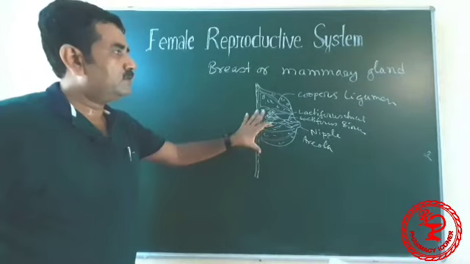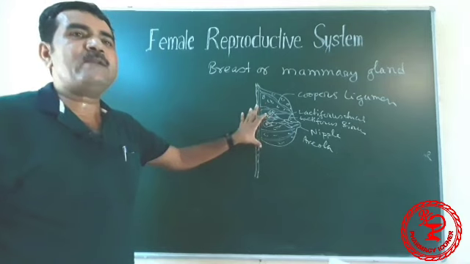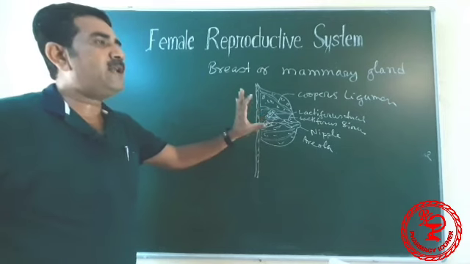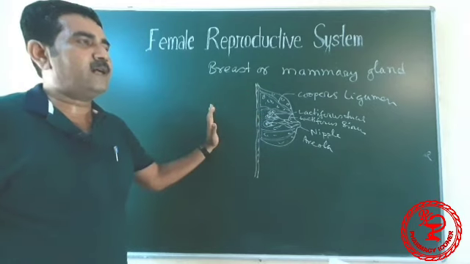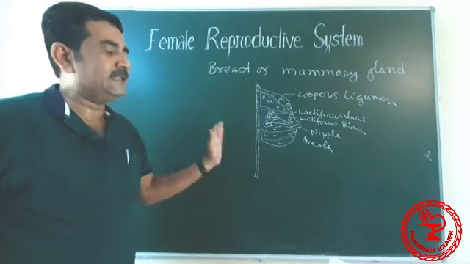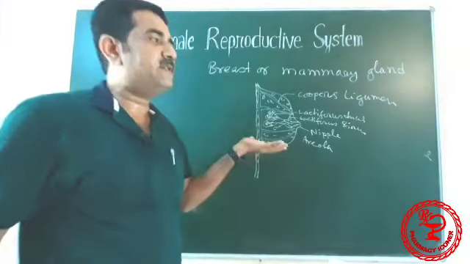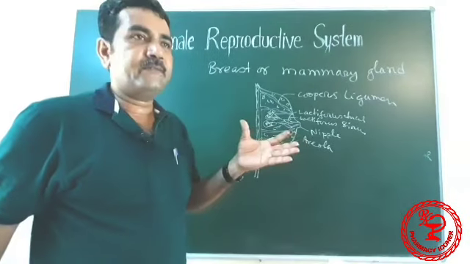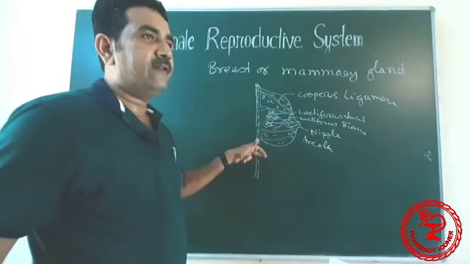Now, the breast is present in both male and female. In childhood, the female breast is similar to a male breast. However, with the increase in age, with the increased secretion of progesterone, the size of the breast gradually increases and takes a hemispherical shape.